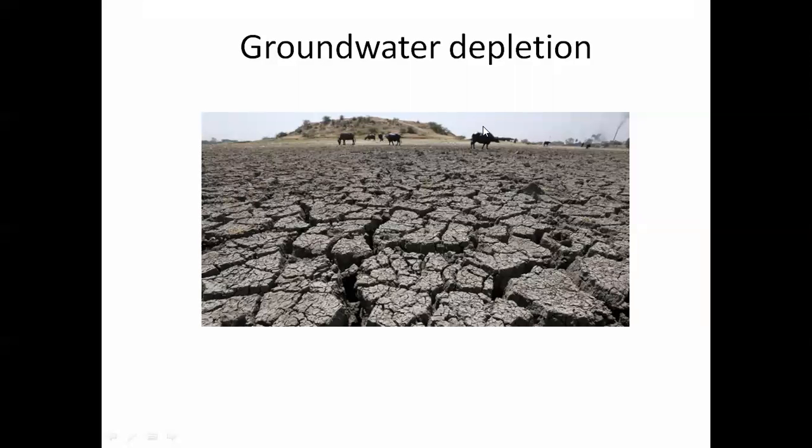Even agriculture land needs water, and they usually depend on groundwater because it's very reliable. In construction of new houses, the first thing people do is build a borewell, right? So because of extensive use of groundwater, which is nothing but borewell water, we are getting this depletion of groundwater. So this is one of the causes.